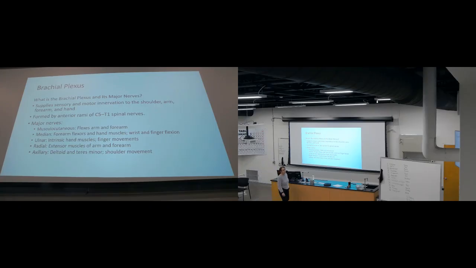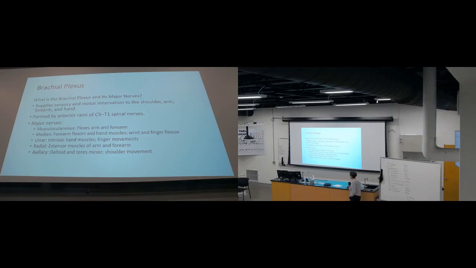Now for the brachial plexus. This brachial plexus provides sensory and motor information to the shoulder, arm, forearm, and hand. So that's why it's called brachial. It is formed by the anterior rami of C5 to T1, so you take part of the cervical spinal nerves and then the upper thoracic, which is T1.